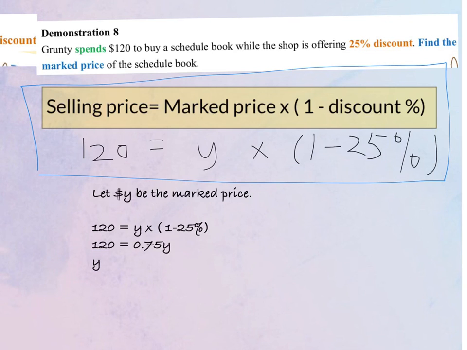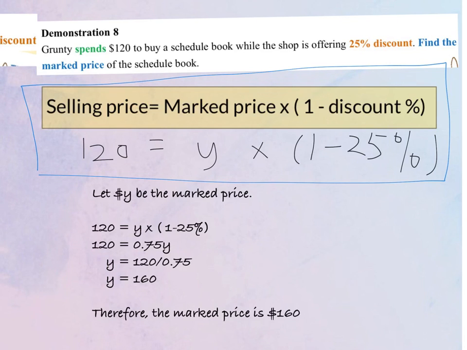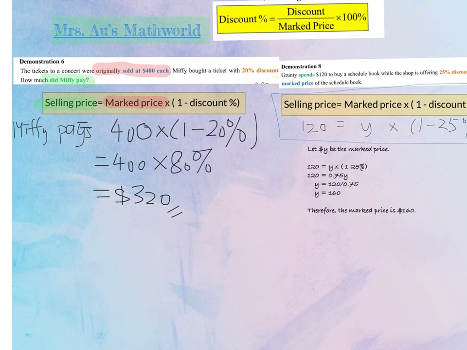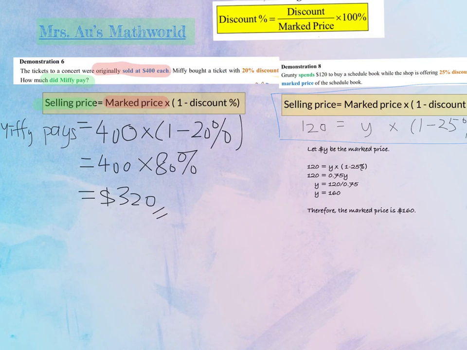We have the calculation: Y equals 120 divided by 0.75, and you will get 160 to be the answer. And of course, don't forget to write down the final answer. Alright? So these two examples are really useful in understanding the meaning of market price, selling price, and the discount percentage.